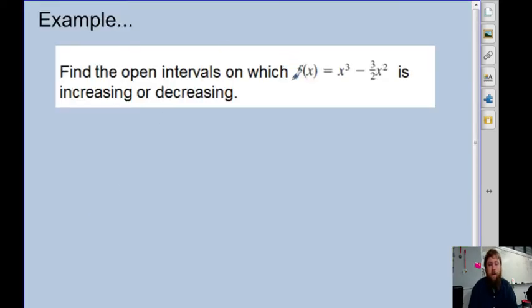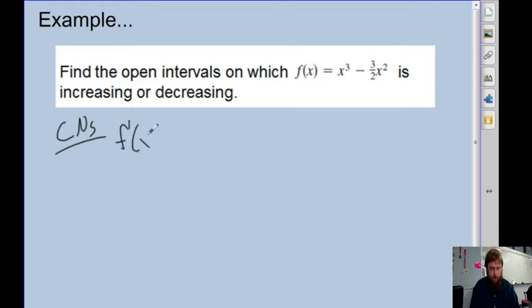I want to find the open intervals in which f of x equals x cubed minus 3/2 x squared is increasing or decreasing. The first thing I have to do is find the critical numbers. I don't have endpoints, it's not a closed interval, so I just have to find, using the derivative, where the derivative is 0 or does not exist.